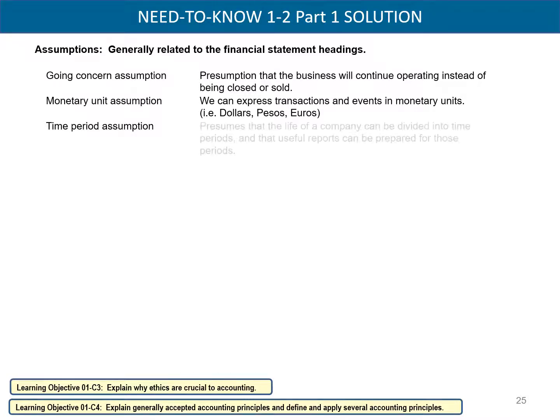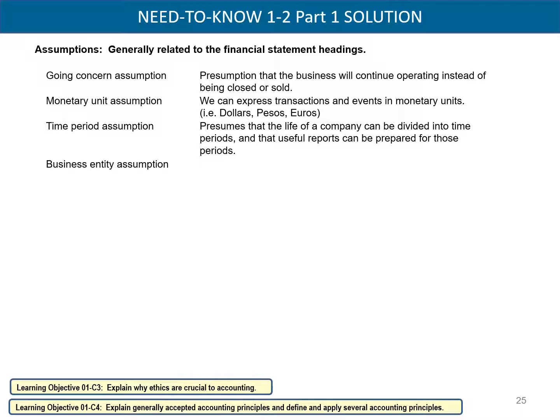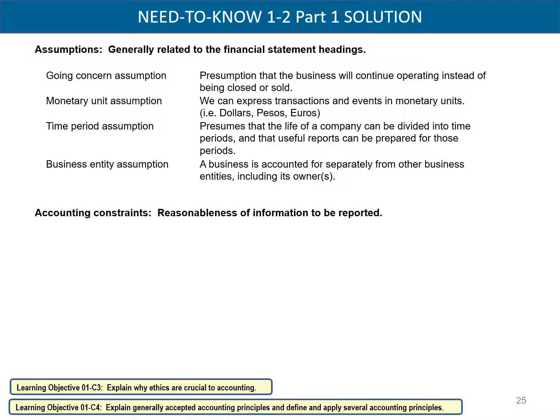We have the time period assumption that presumes that you can chop up the life of a company into periods of time that are useful for reporting, so a month, a quarter, a year. And then we have the business entity assumption, which assumes that the business is accounted separately from other business entities and separately from its owners.